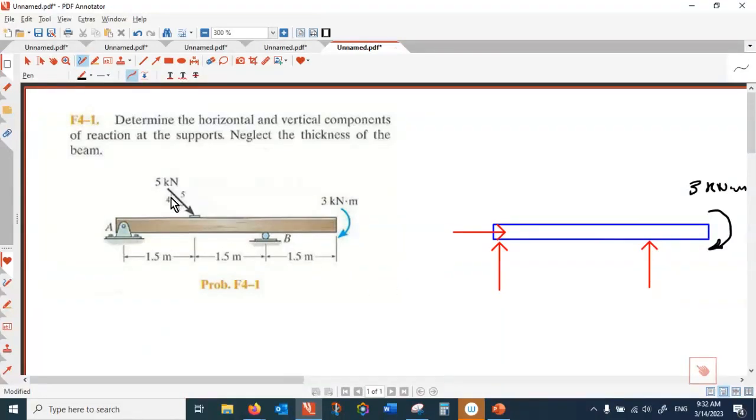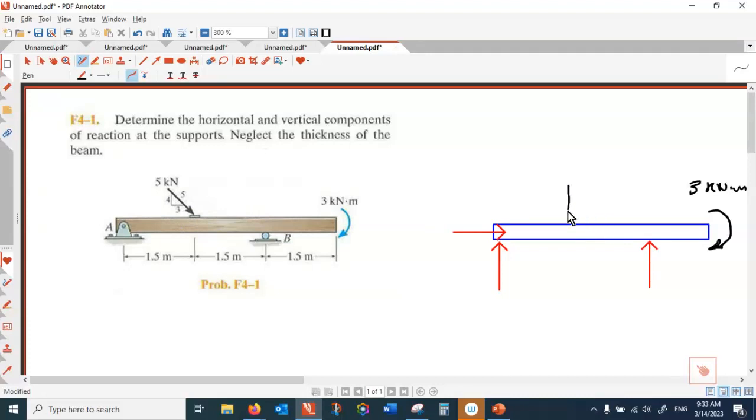That 5 kilonewton, I can include it as it is, or it can be resolved into two components, horizontal and vertical. 5 resolved vertically is 5 multiplied by 4 divided by 5.